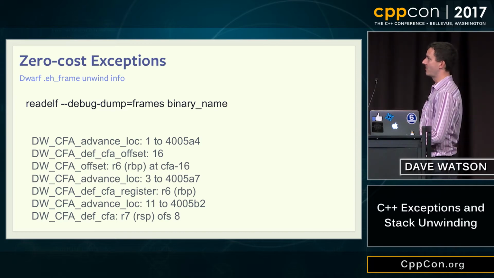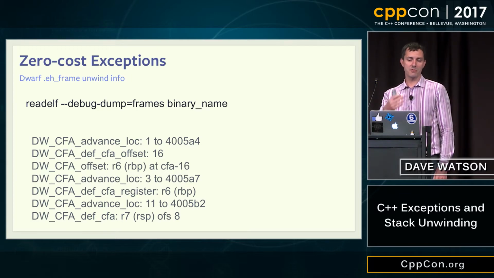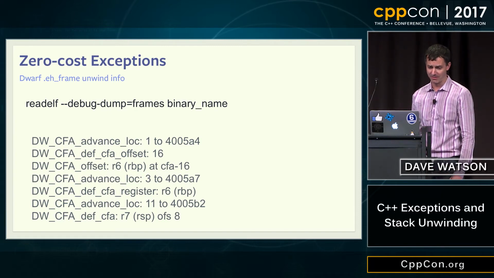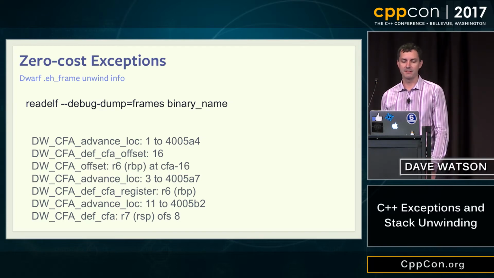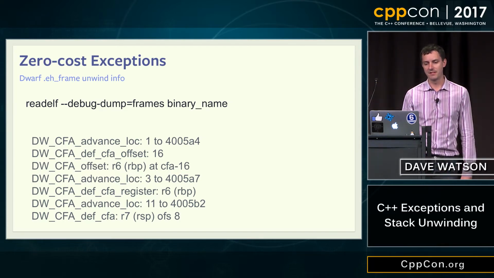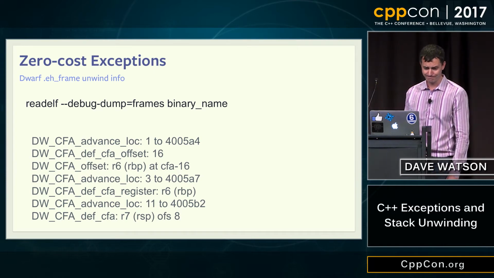You can also specify either just the offset or just the register and keep the other half of it the same. So the first one we're saying reset the offset to 16 but keep whatever it was before for the register. The second one is saying, our new CFA register is RBP, the frame pointer on x86-64, but keep the offset as 16. And the last one says RSP is the new frame pointer with offset 8.